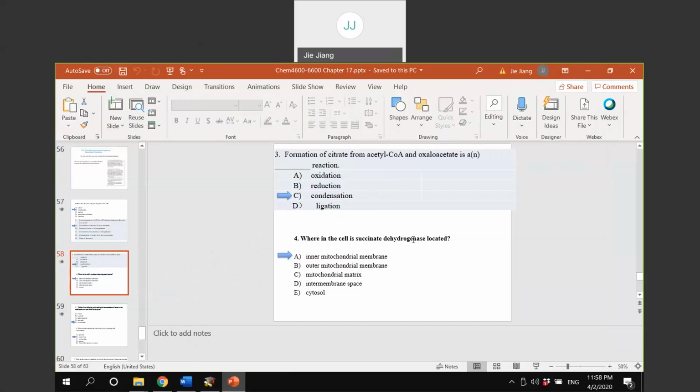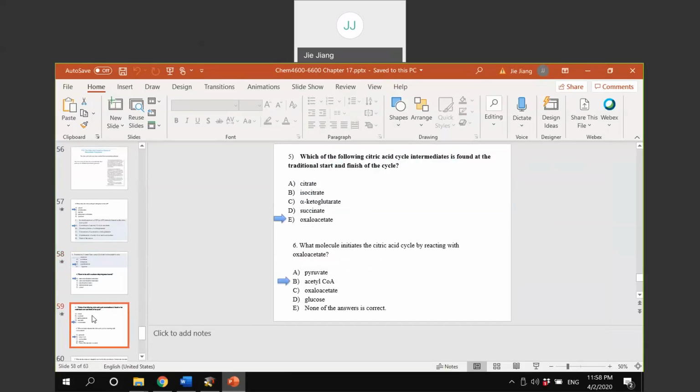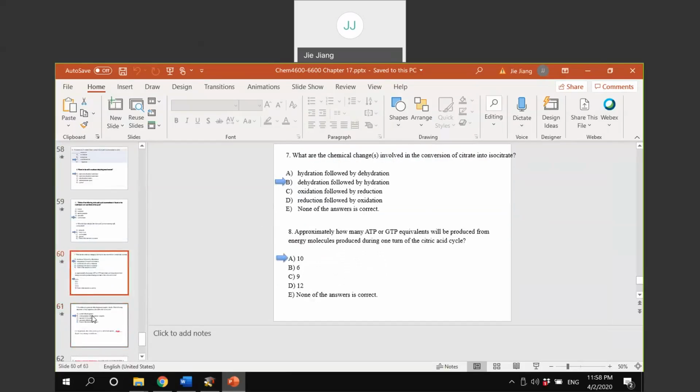The succinate dehydrogenase actually is located in the inner mitochondrial membrane. So that is a very special location. All the others are located in the outer mitochondrial membrane. Okay, and a special enzyme. The others, I don't think there's a problem, right?